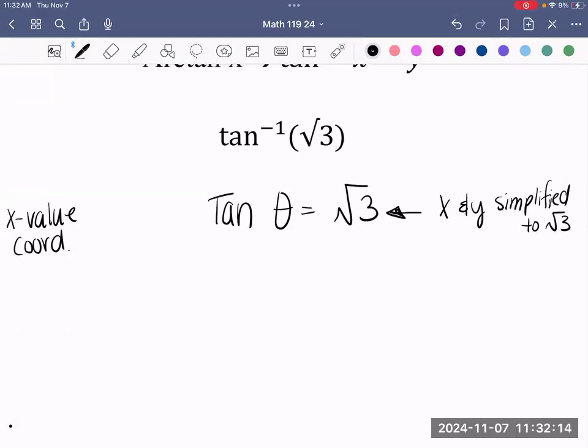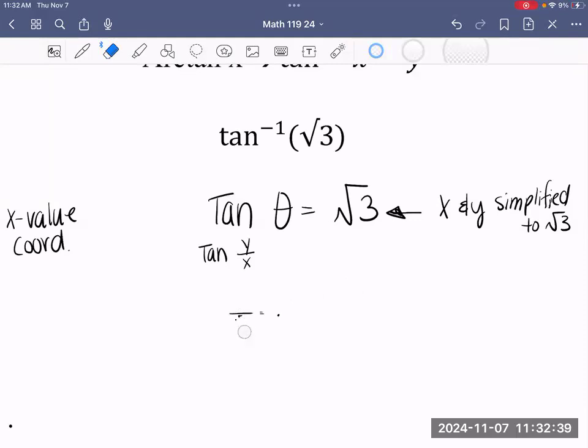If tangent is y over x, we could say, okay, this could be when we have 1/2 over root 3 over 2, which if we simplify, keep, change, flip, we would get 1 over root 3, which simplified isn't going to come out to root 3. So let's try it again.